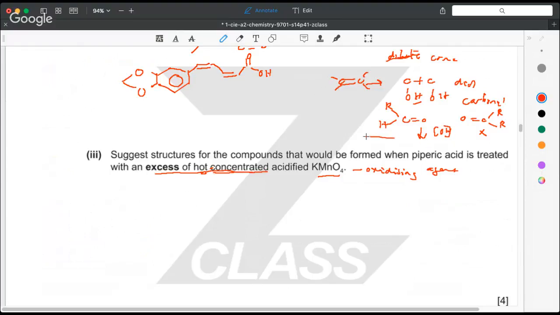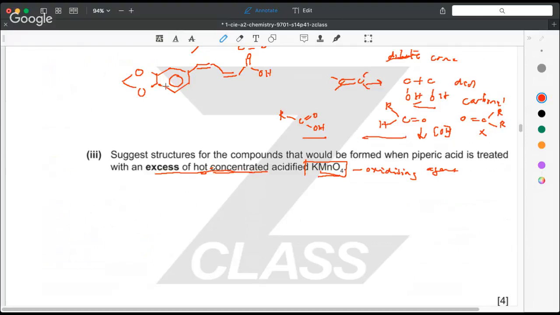And an aldehyde, when it's oxidized, goes to a carboxylic acid. So what's happening with this hot concentrated manganate(VII) is you're rattling through these three oxidations. First of all, a diol, then a carbonyl, and if the carbonyl is an aldehyde, then the aldehyde will become oxidized to a carboxylic acid.